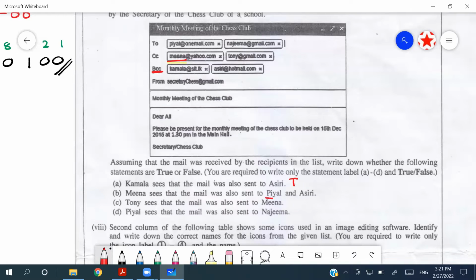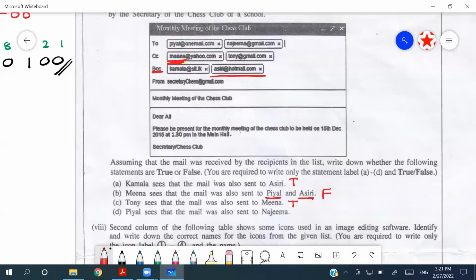Meena can see Priyal, but not Asiri. Asiri is a blind carbon copy one. So it is false. Tony sees that the mail was also sent to Meena. Yes. Carbon copies can see the carbon copies. So it's true.